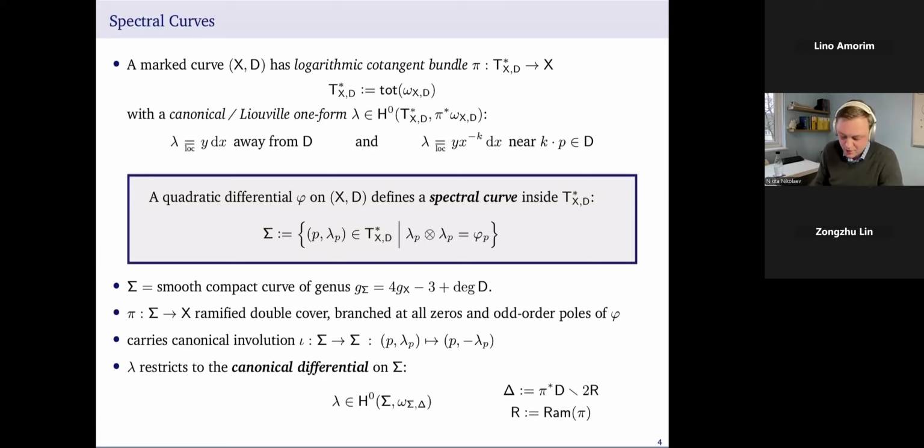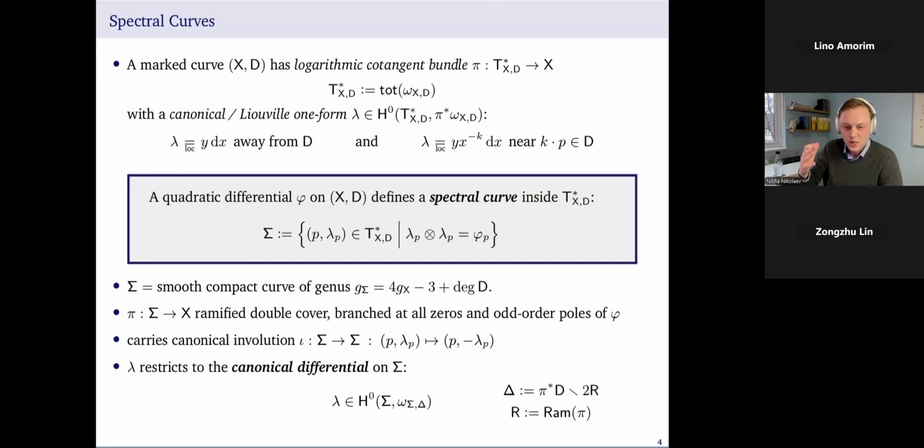So there's a bunch of notation that I'm introducing here. There's this delta, which is a divisor on the spectral curve. The way it's built is that I'm taking the divisor from downstairs, D, and pulling it up to the spectral curve as a divisor, keeping track of all the multiplicities. And then I need to remove some copies of the ramification locus.